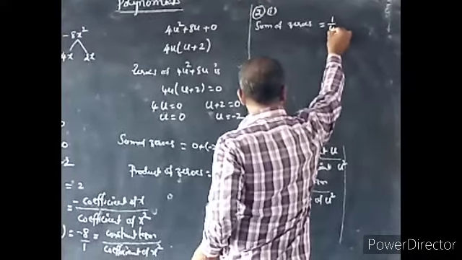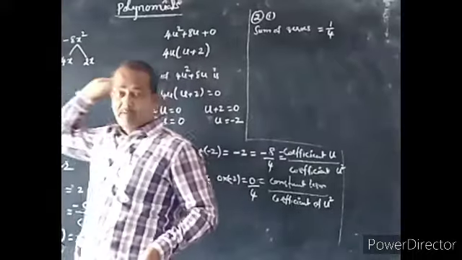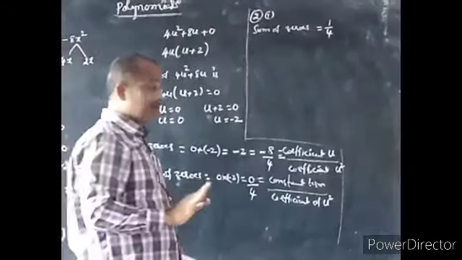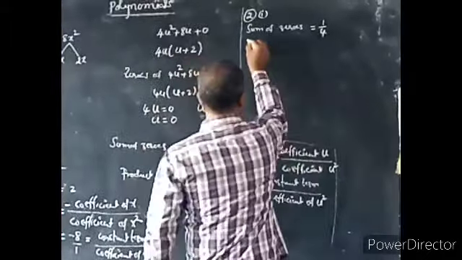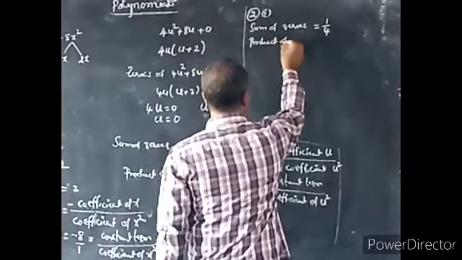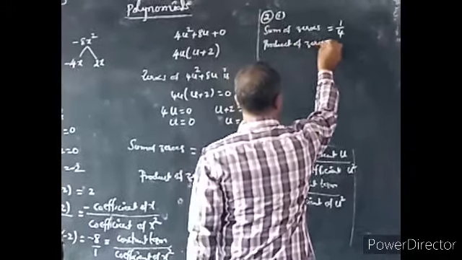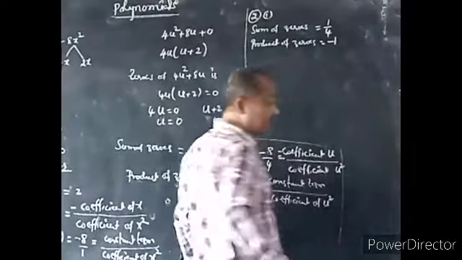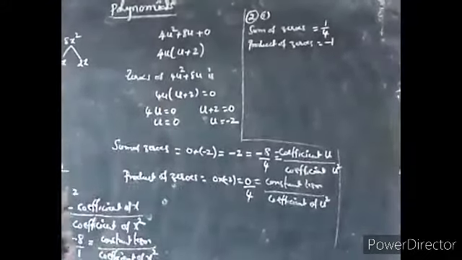Don't confuse, it is the sum of the zeros. Next is product of zeros, that is minus 1.